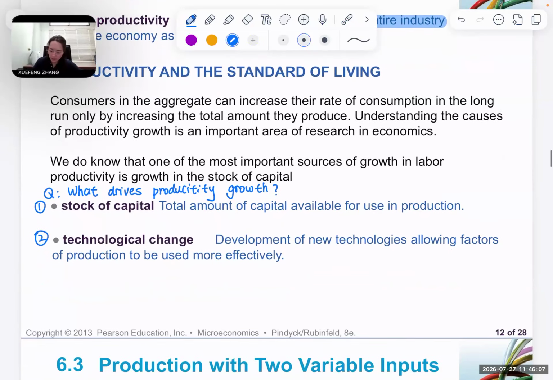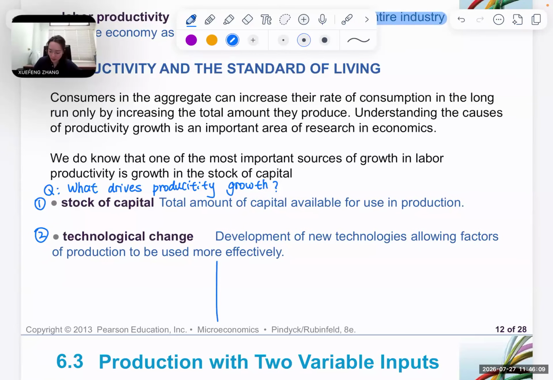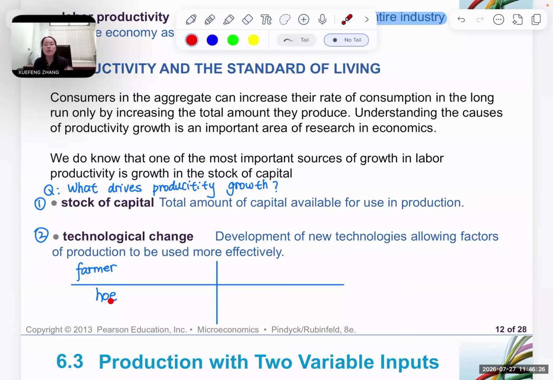So let me give you a simple example. Think about, okay, there's a farmer. And before, a farmer with just a hoe. So what is a hoe? It's the tool for digging. So before, a farmer with just a hoe produces much less rice than a farmer with a tractor.